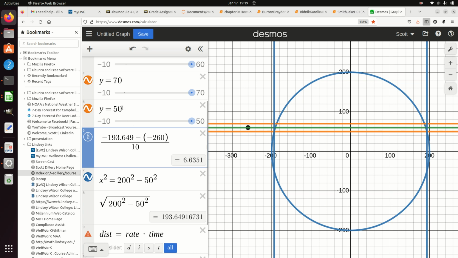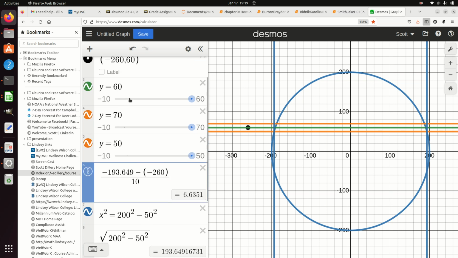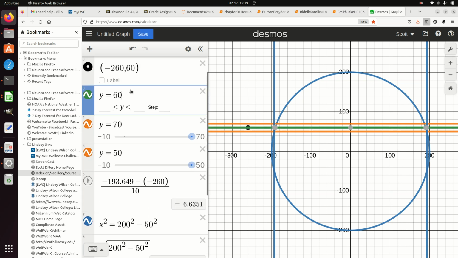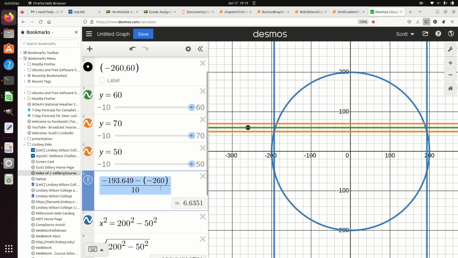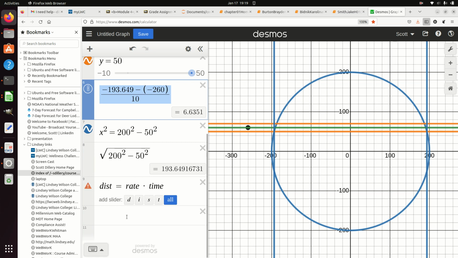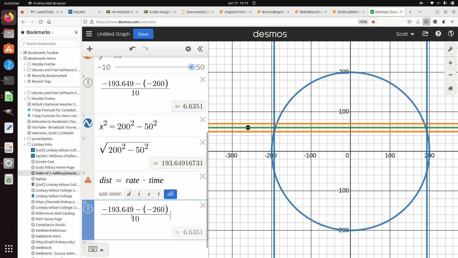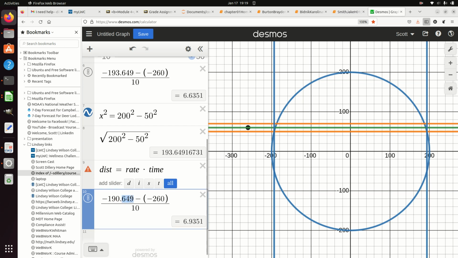Well, I can fix that pretty quickly by going here, clicking on that, finding that point. That was 190.788. Okay, so I'm going to just copy this whole thing, Control C, paste it down here, Control V, and make that the 190.778.